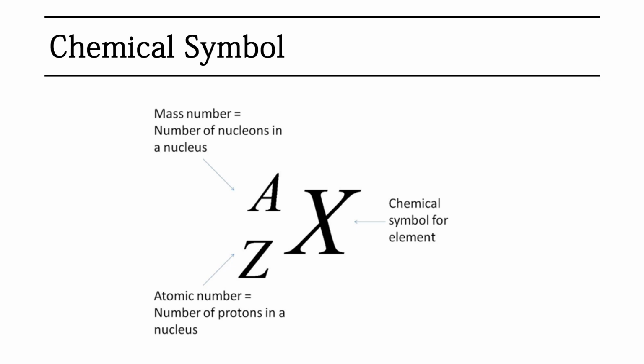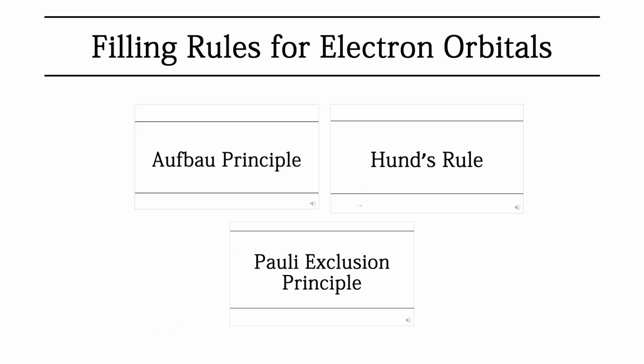So these are the symbols we use in the periodic table. For the filling rules for electron orbitals, we should know the Aufbau principle, Hund's rule and Pauli's exclusion principle to understand the electron filling to the ground state of an element.